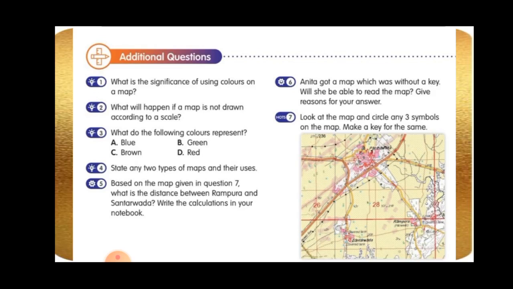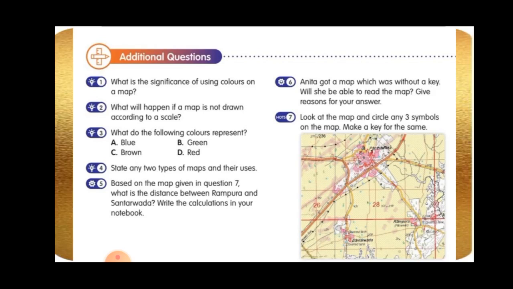Now question number 7, that is the HOTS question. Look at the map and circle any 3 symbols on the map. Make a key for the same. So for this, you open page 29 of your content book and check the conventional symbols sheet. Then make a key for 3 symbols.